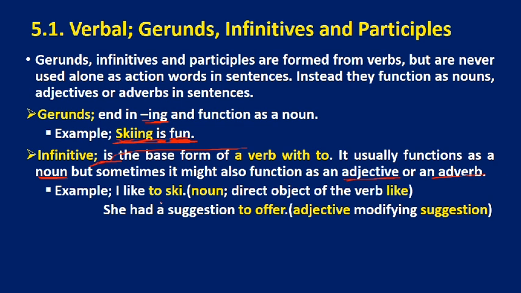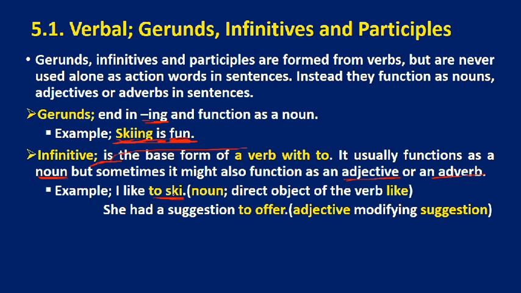For example, "I like to ski". If ski came alone, as in "I ski every day", ski is a verb. But in "I like to ski", the verb has got an object. Who likes? I do. What do I like? To ski. So like is a transitive verb. A transitive verb, as we said last time, has a subject and a direct object.